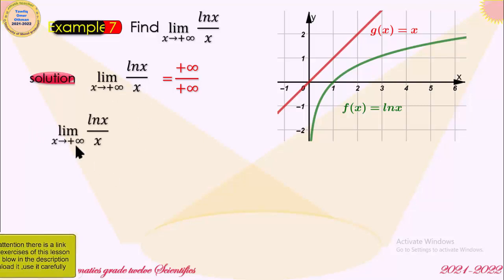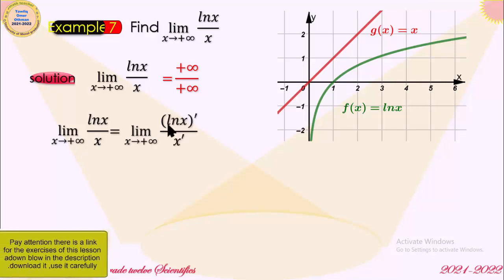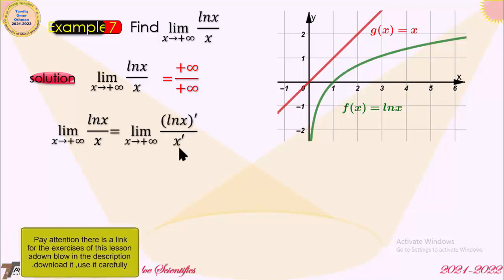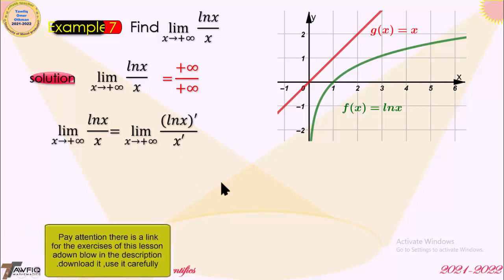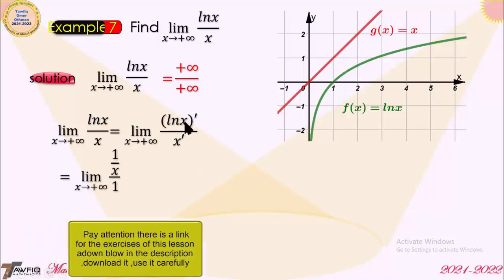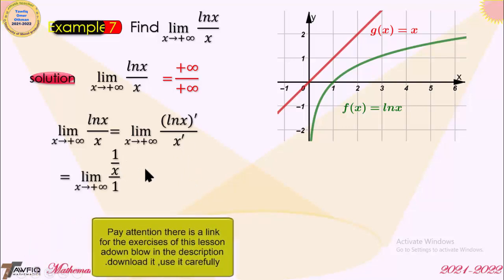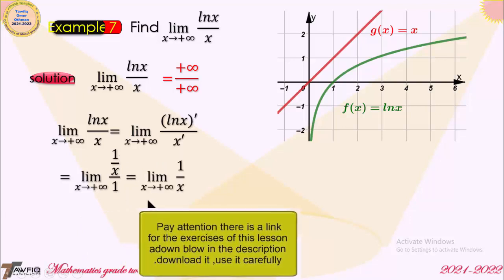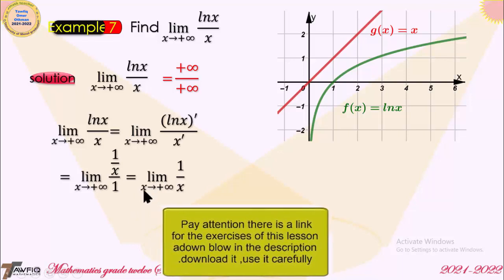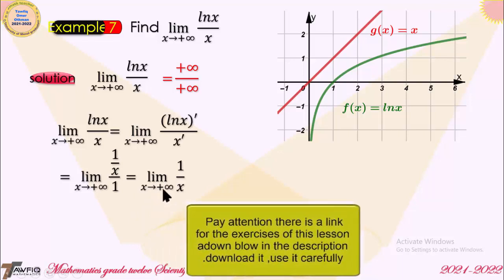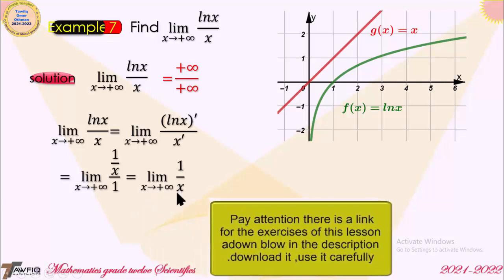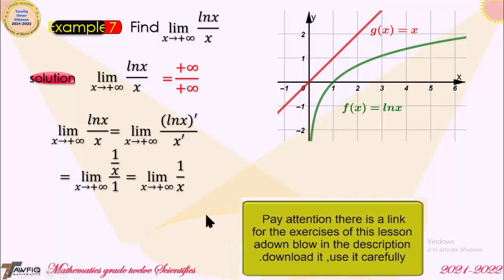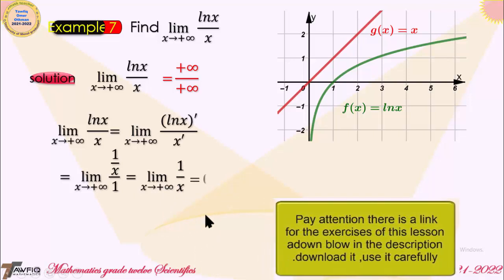The limit as x approaches positive infinity of the derivative of ln x over the derivative of x, where the derivative of ln x is 1 over x and the derivative of x is 1. And now, as we know, when x approaches positive infinity, 1 over x approaches 0.